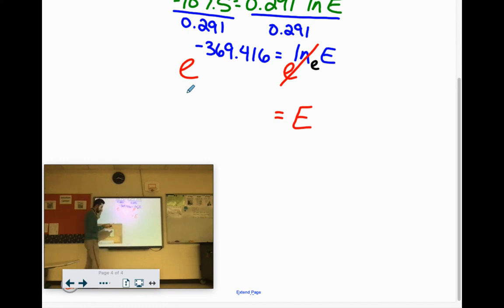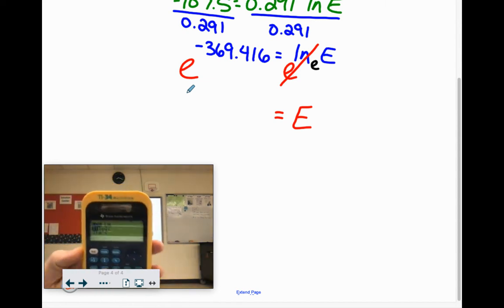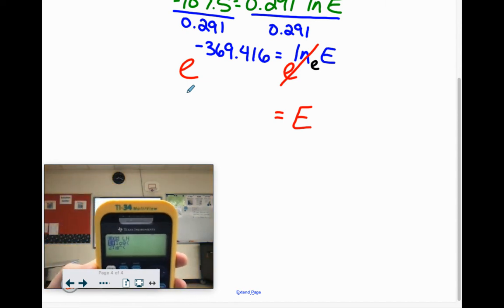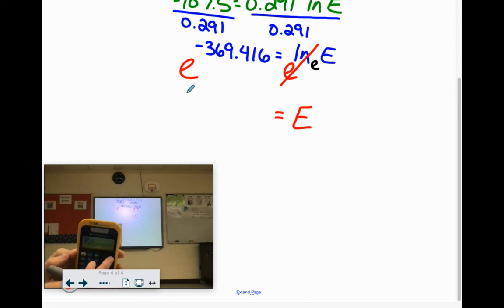So we have to do e to the negative 369.416 power. A lot of times on your calculator, if you go towards the logarithm menu, you'll see ln to the right.